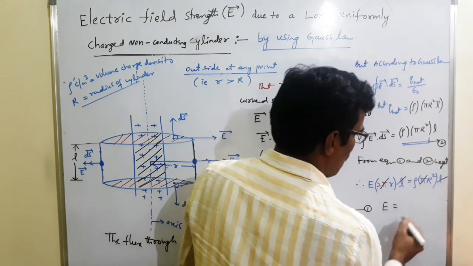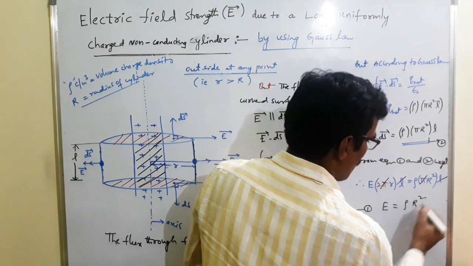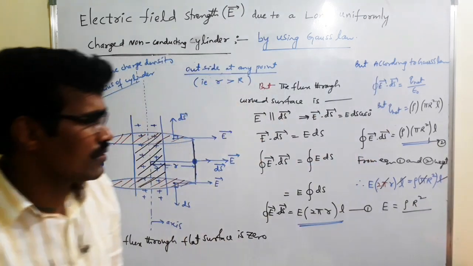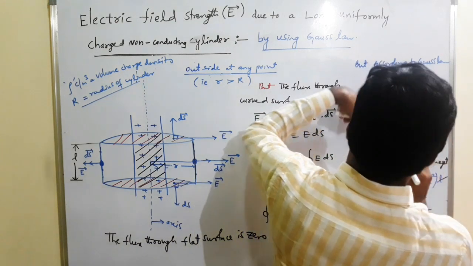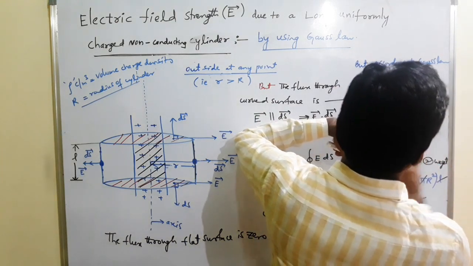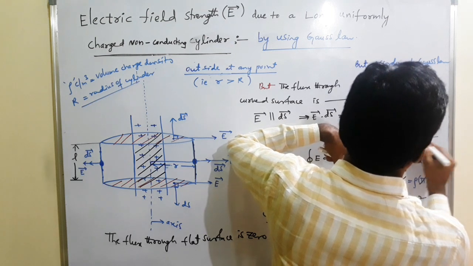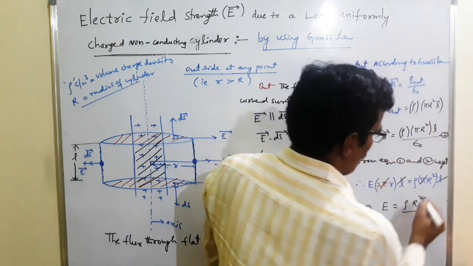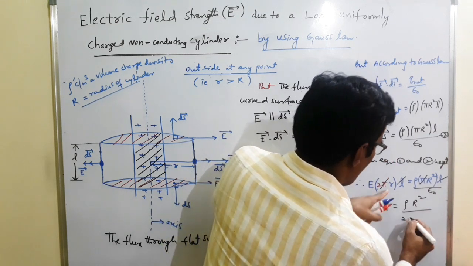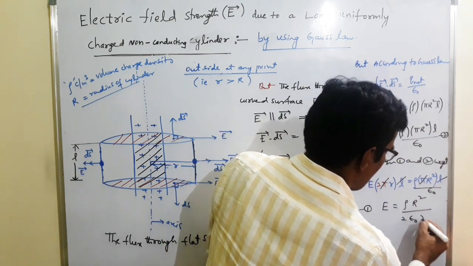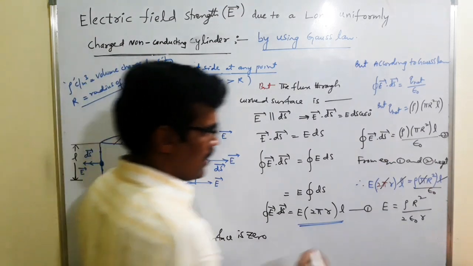Therefore E is equal to rho r square by 2 epsilon naught r.